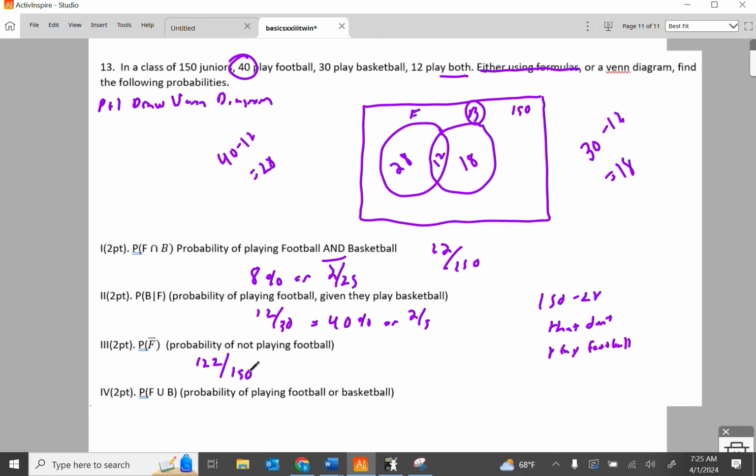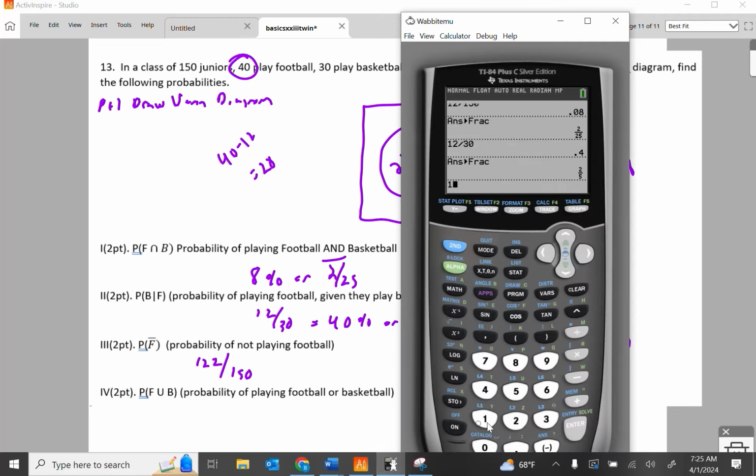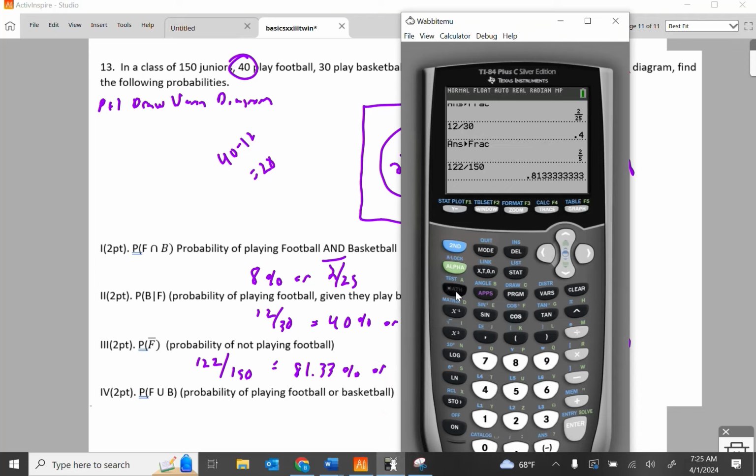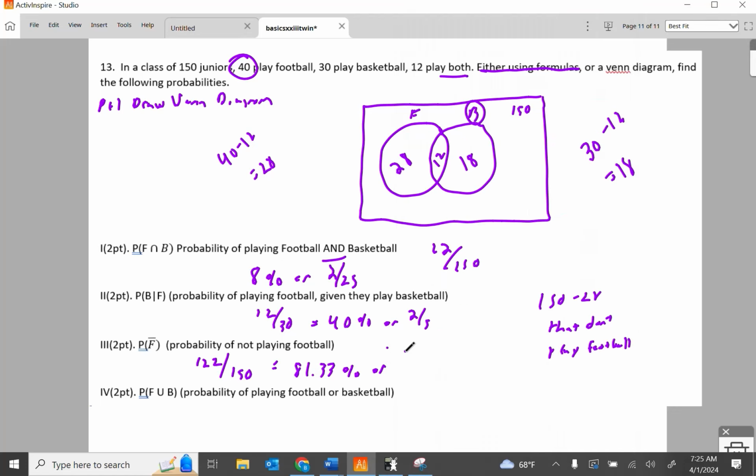Total population was 150. And again, just reduce the fraction. We get that right there, 81.33%, or 61/75.